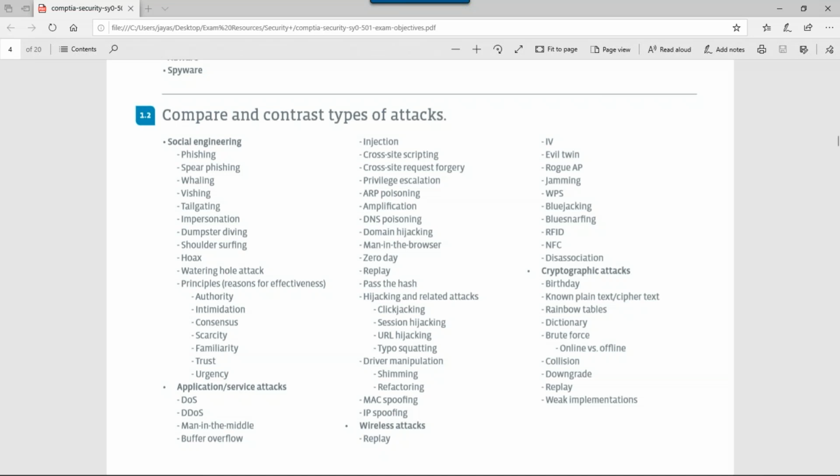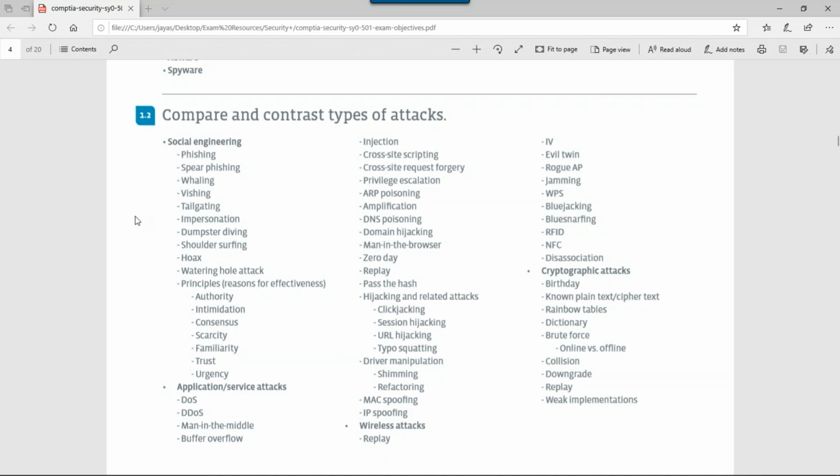That's the thing about this exam. The terminology is all over. There's just a ton of it. I don't want to say more than A+, because there's a ton of terminology in A+ Core 2, which is why they split it into two exams. But this exam here, they almost could have done the same thing because it's just so much.